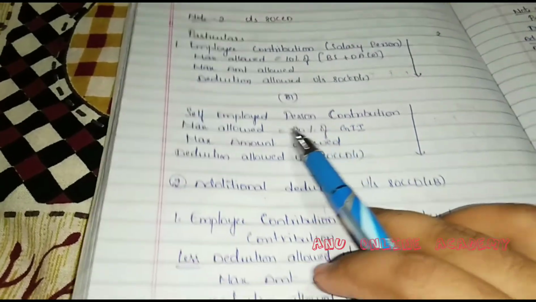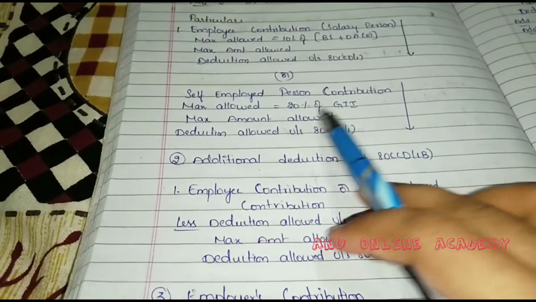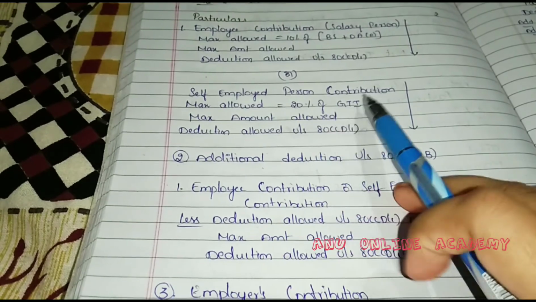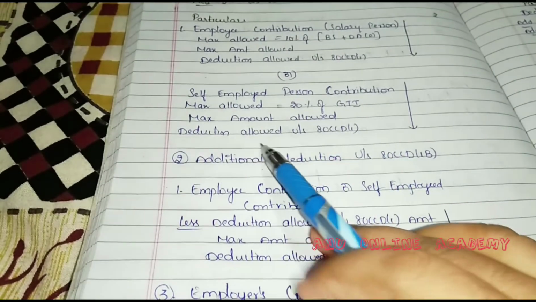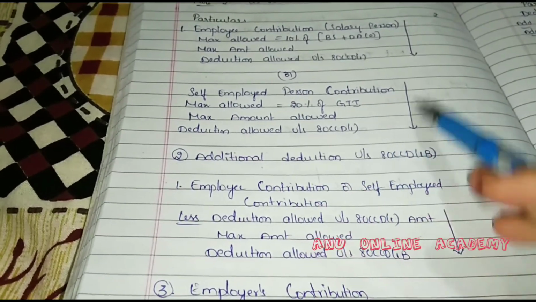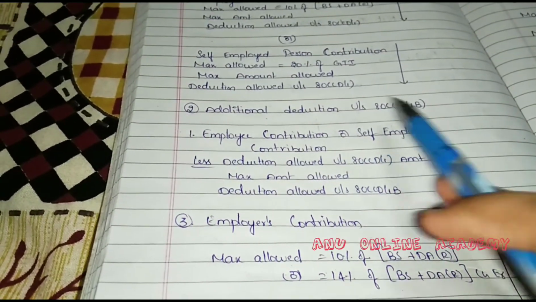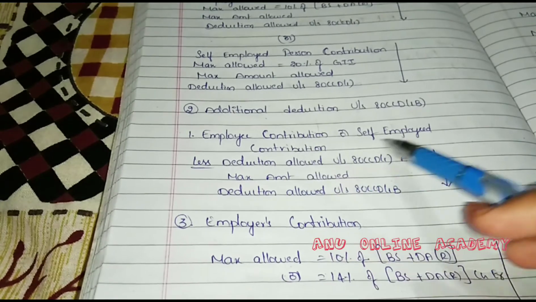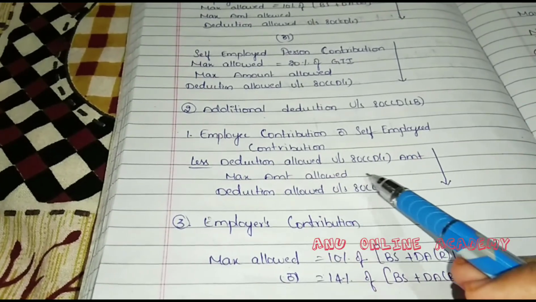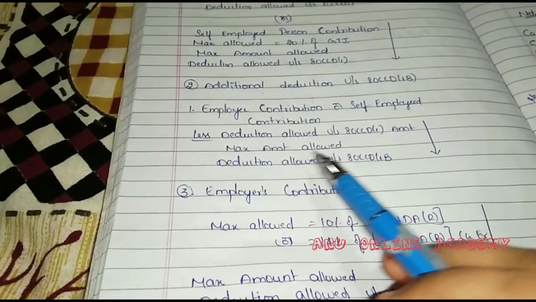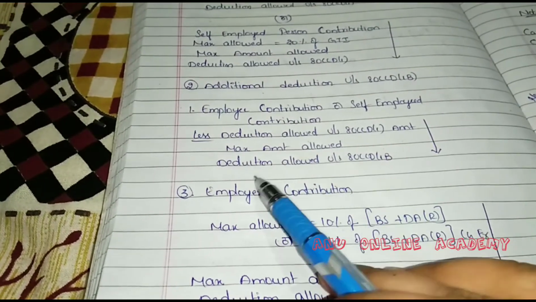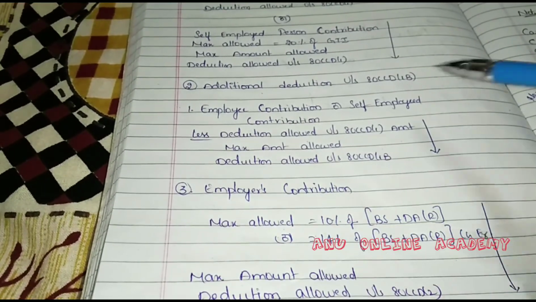Or self-employed person contribution: maximum allowed 20% of GTI, maximum amount allowed, deduction allowed under section 80CCD1, whichever is lower. Additional deduction under section 80CCD1B: employee contribution or self-employed contribution, deduction allowed under section 80CCD1 amount, and maximum amount allowed, deduction allowed under section 80CCD1B, whichever is lower.